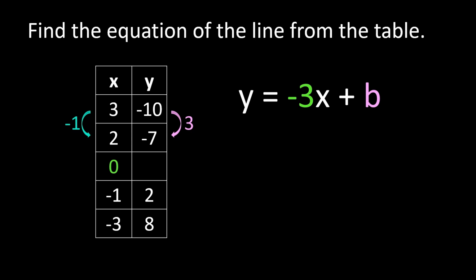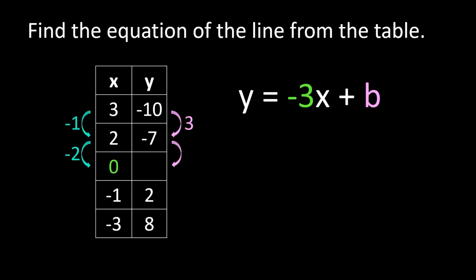Well, from 2 to 0, that is a change of -2. And that change is twice the change in x that we saw from 3 to 2. And I can use this information when calculating my change in y value from -7 to my y-intercept.